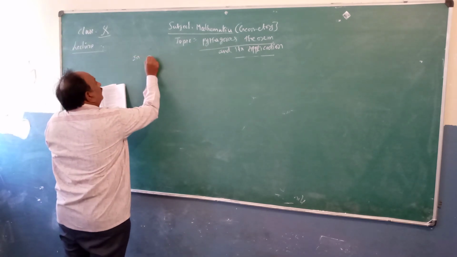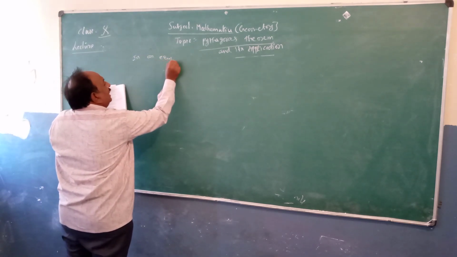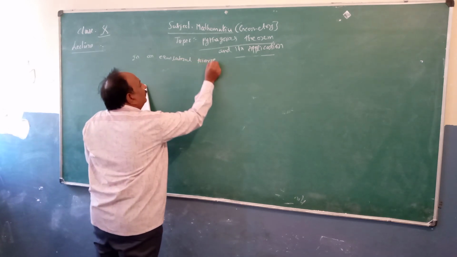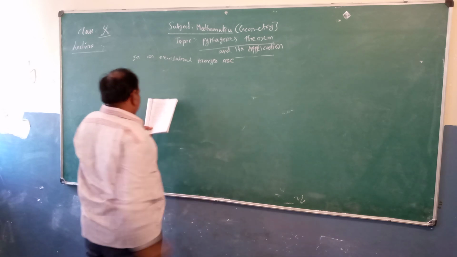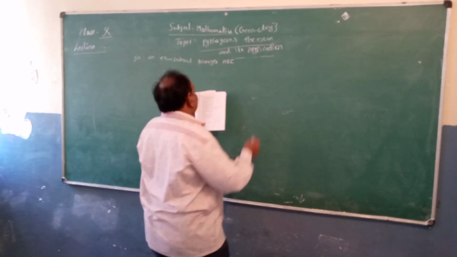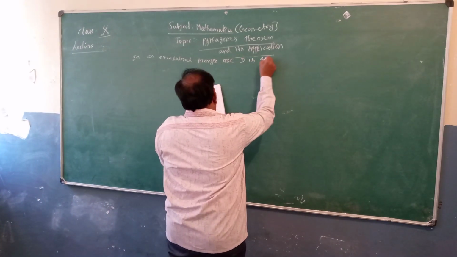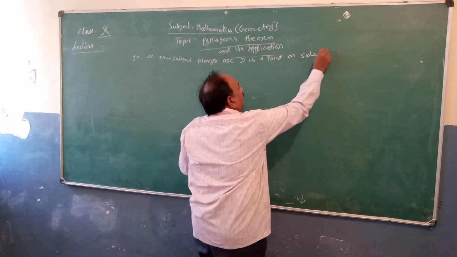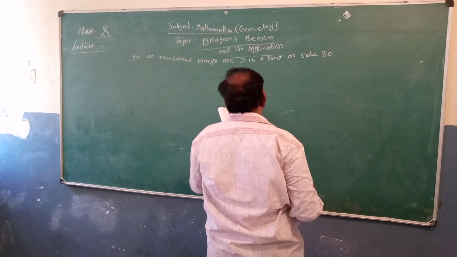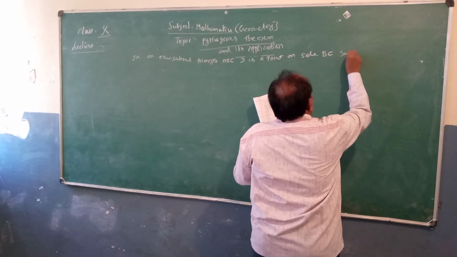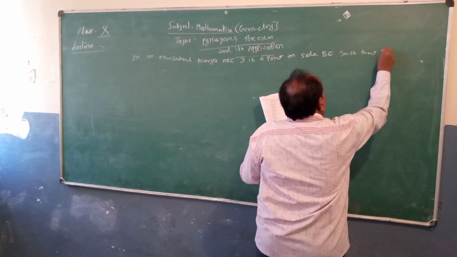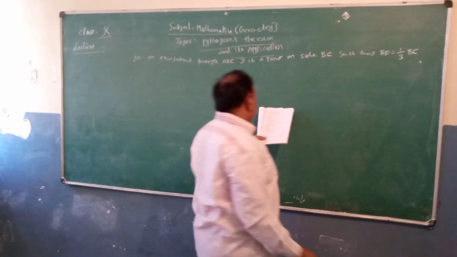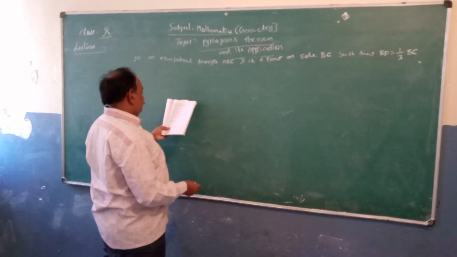In an equilateral triangle ABC, D is a point on side BC such that BD is equal to 1 by 3 BC.